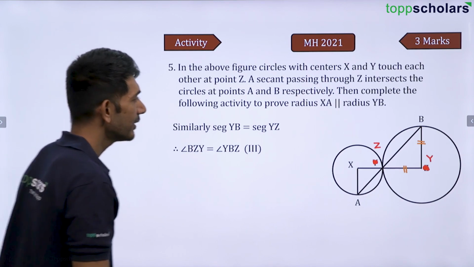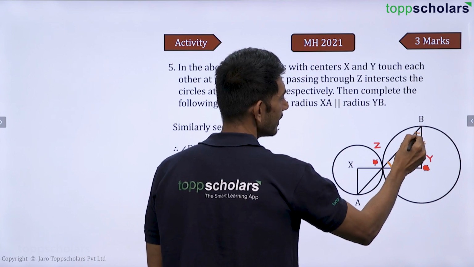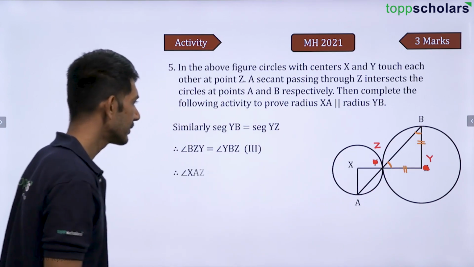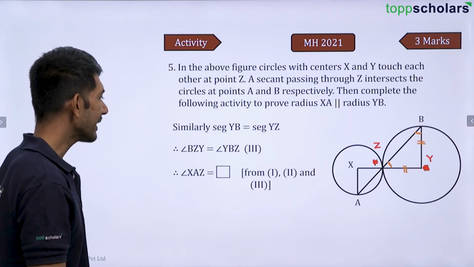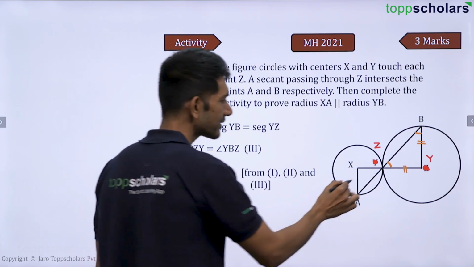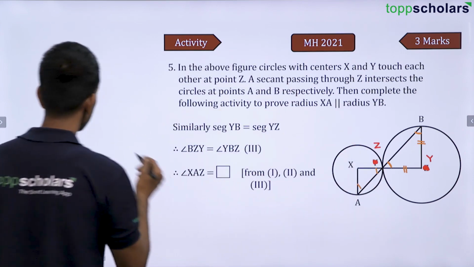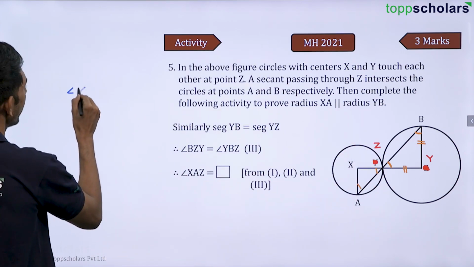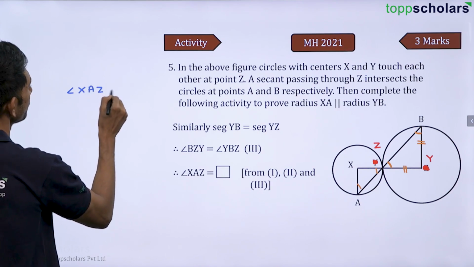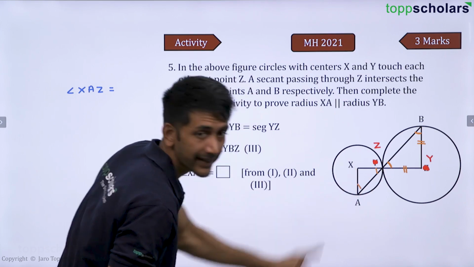So can I say BZY, this angle, is equal to this angle by isosceles triangle theorem. So now can I say XAZ? Okay, now this is a confusing step, so I'll just write it and break it down for you. See, what was the result? We got the result angle XAZ was equal to XZA.